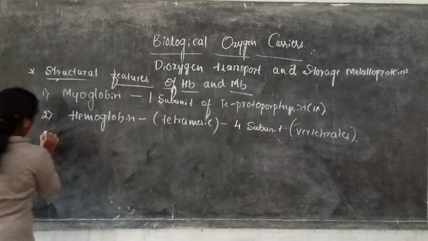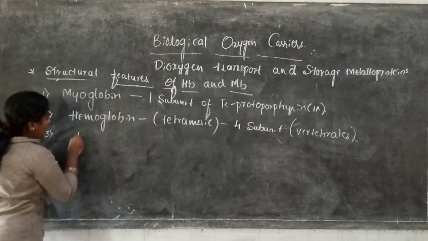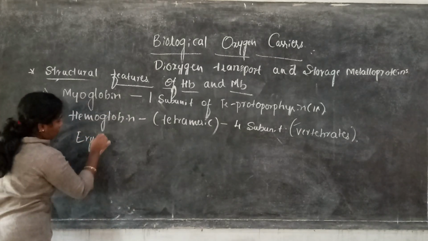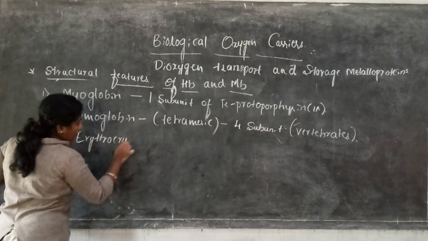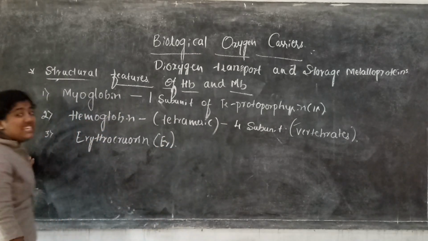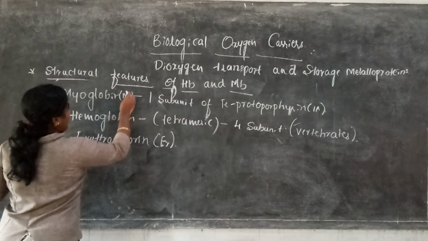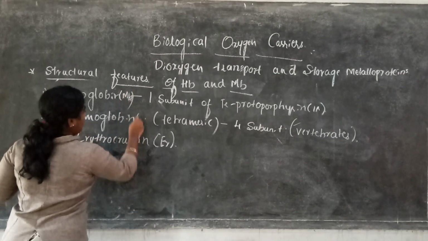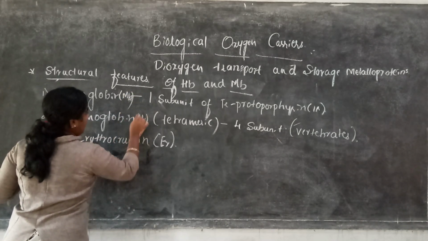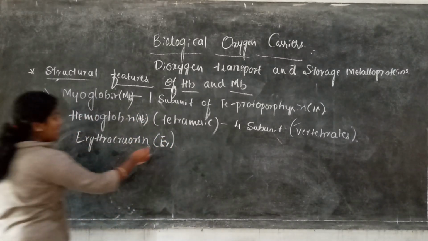The third type is erythrocruorin, also denoted as ER. This is MB, hemoglobin is HB, and erythrocruorin is known as ER.